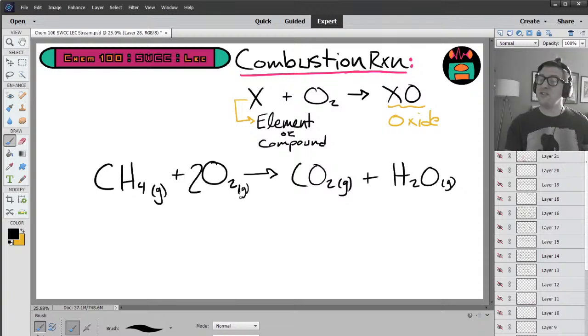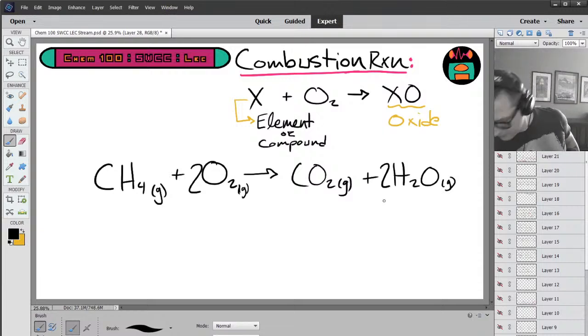So whenever a hydrocarbon is burned, gas stoves, propane grills, our cars burn octane, you get two oxide products, carbon dioxide and dihydrogen monoxide, or water. All right, so combustion reactions are adding O2 to make an oxide or more than one oxide, as we do in this case.